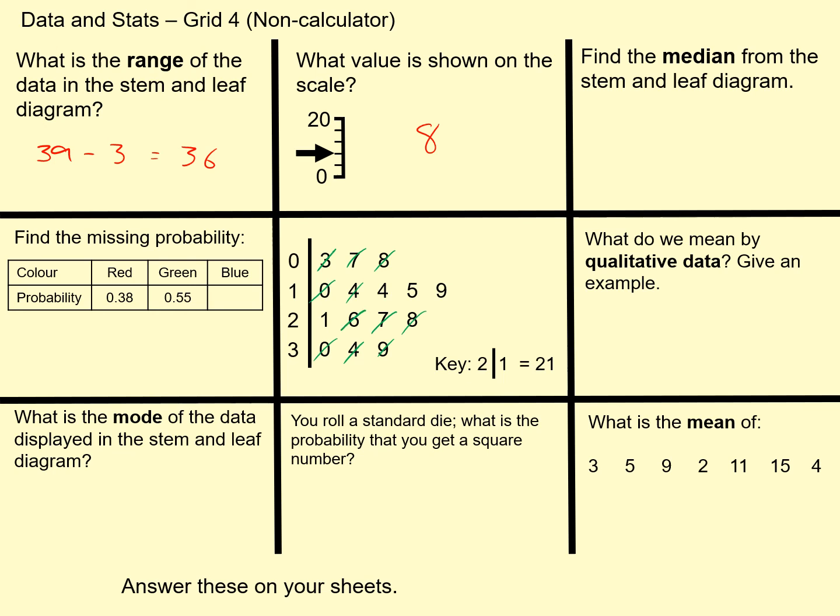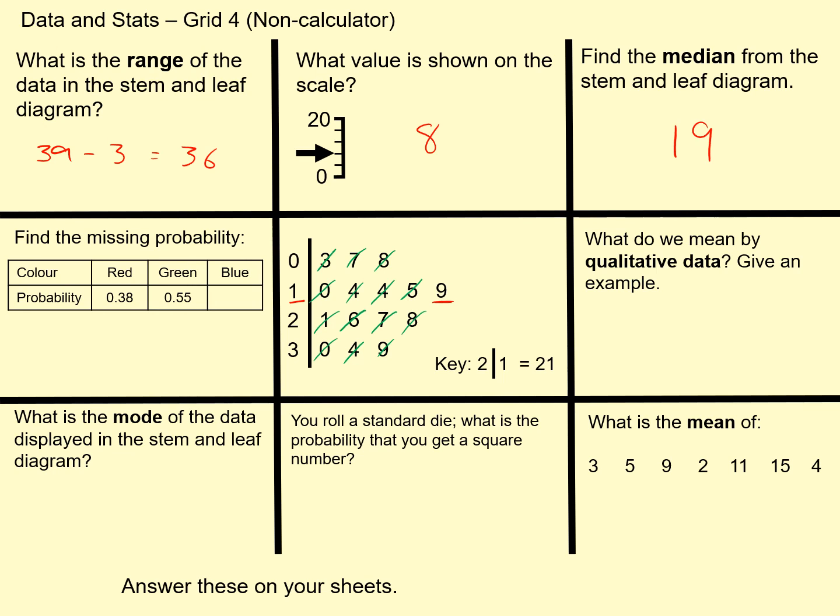And just keep going, and eventually we're left with one value. What we have there is the 1 and the 9, so 1 bar 9 is 19. So the median value, or the middle value in that ordered set of information, is 19.